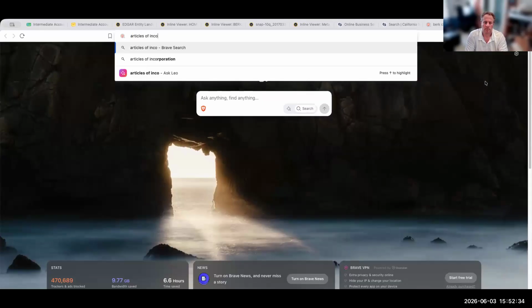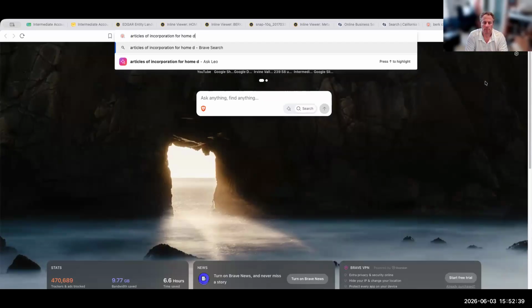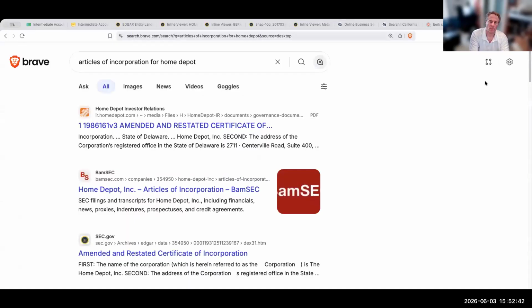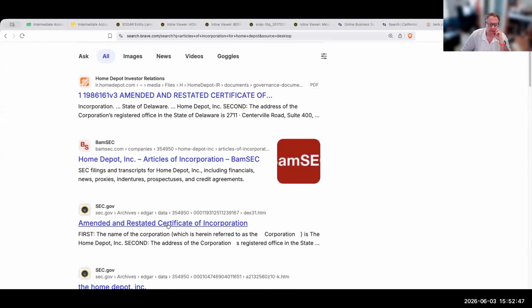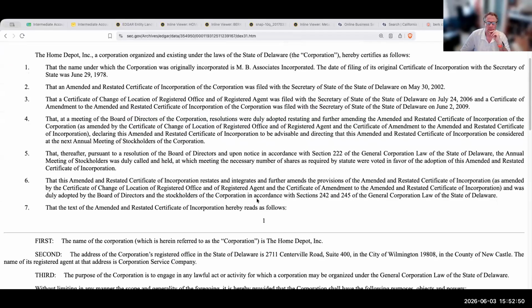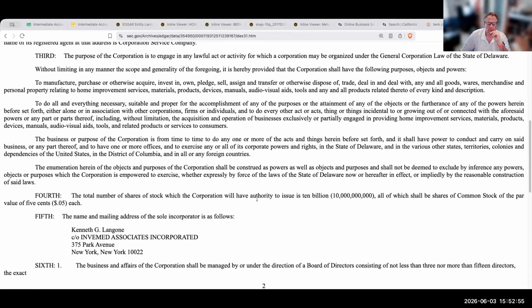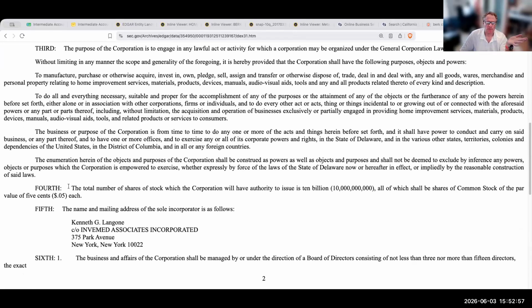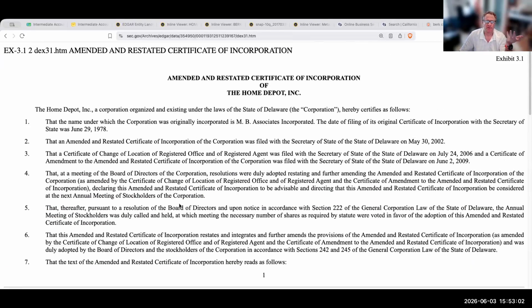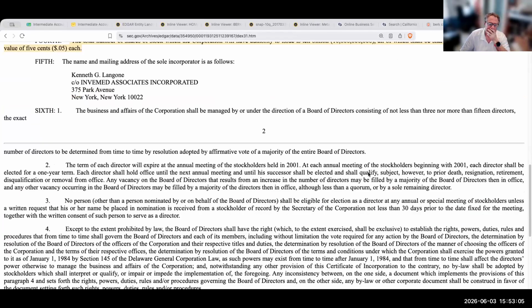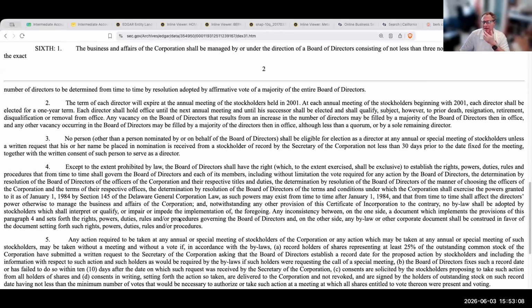If I just do a quick search here, let's see if I can find this. Okay, as we see over here, this is the articles of incorporation, and as we look at the date on this, it was done in 2011.